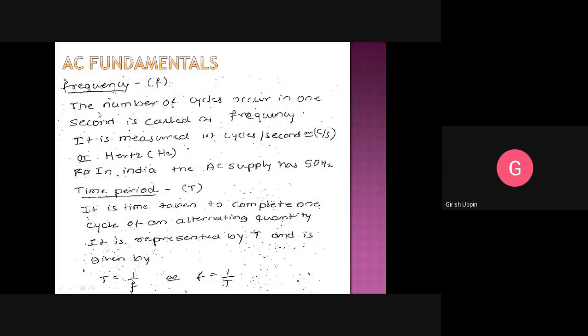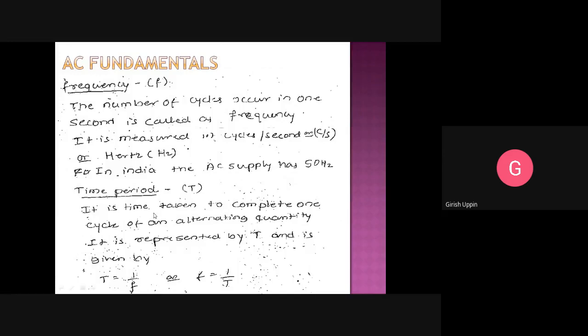Frequency f, represented with lowercase f, is the number of cycles occurring in 1 second, and it is measured in cycles per second or hertz. In India we have 50 hertz. Every country follows its own standards. For example, the United States of America has a standard of 60 hertz, and their voltage is 110 volt.